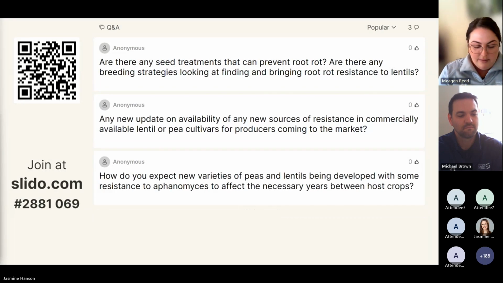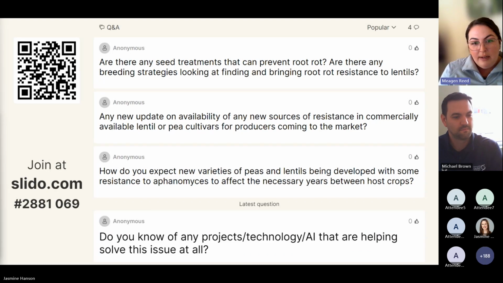If that seed treatment wears off and a week later you get a 4-inch rain and it's on land that has had some disease issues in the past for root rot, you can still get a debilitating yield-robbing infection from Aphanomyces. So when we have all of the different parameters of the disease triangle satisfied, your host, your environment, and the pathogen present, seed treatments are not going to prevent that infection from happening. They can help get your crop off to a really good start.